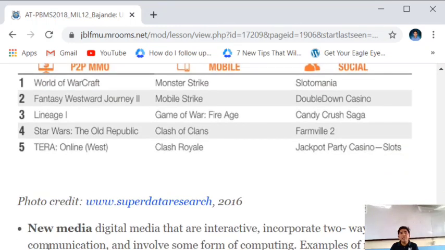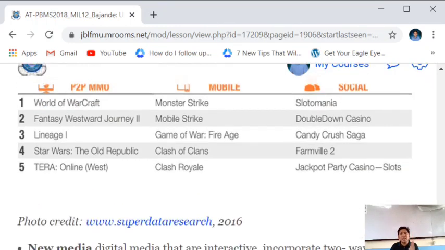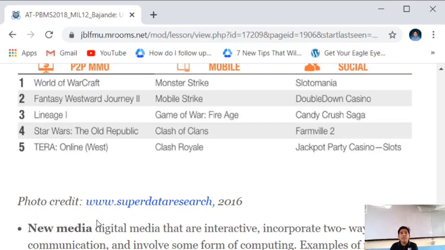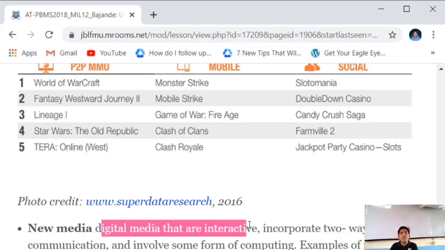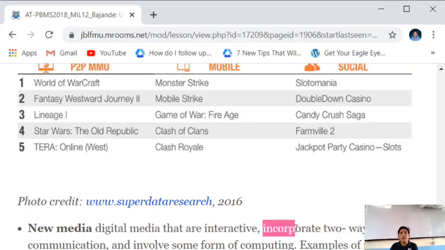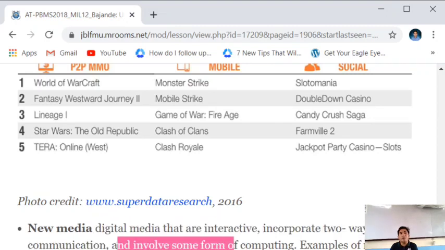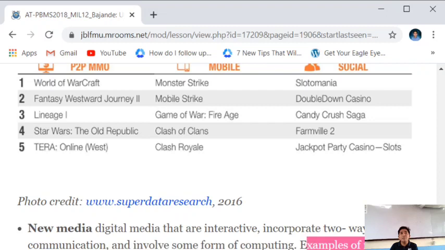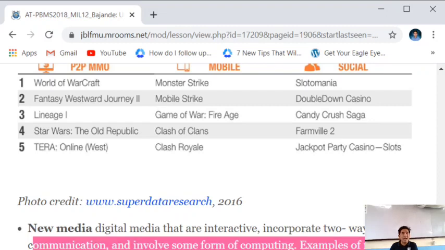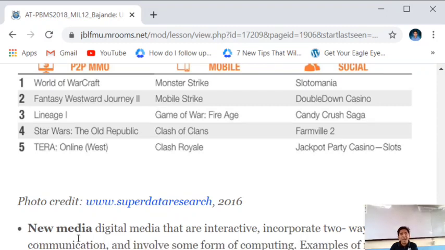Next type of media is new media. It is a digital media that is interactive, incorporates two-way communication, and involves some form of computing. Examples of new media are social media platforms such as Facebook, YouTube, and Twitter, or any other social media you use to interact with others.